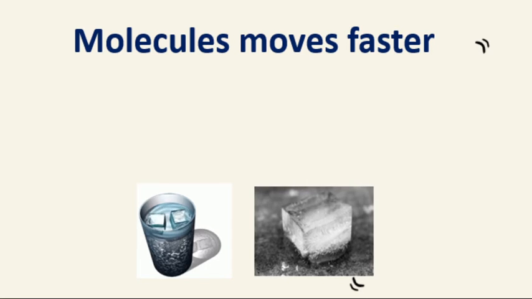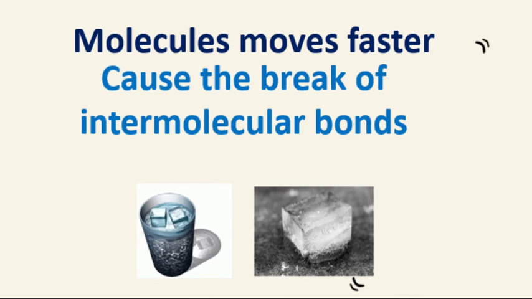In this case, instead of the thermal energy doing work to increase kinetic energy, it does work to break the intermolecular bonds, causing a change of state. However, as time goes on, the temperature of the recently melted ice will increase until everything within the glass reaches equilibrium, meaning a consistent temperature throughout.